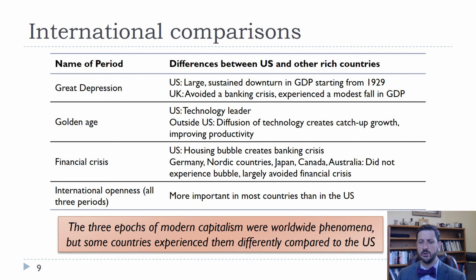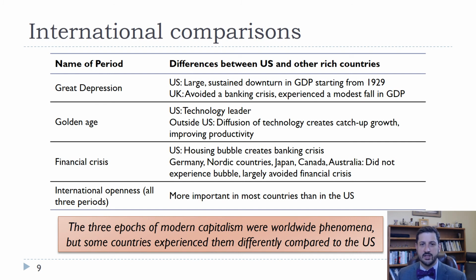In the Golden Age, the U.S. was really the technology leader. And they also, in the late 40s and early 50s, had an economy that was largely intact from the war, right? Whereas Europe was still rebuilding, Japan was still rebuilding. And so outside the US, as these countries rebuilt and as they adopted the latest technology from the United States, that allowed them to catch up, grow faster than the United States until they were more on an equal level.